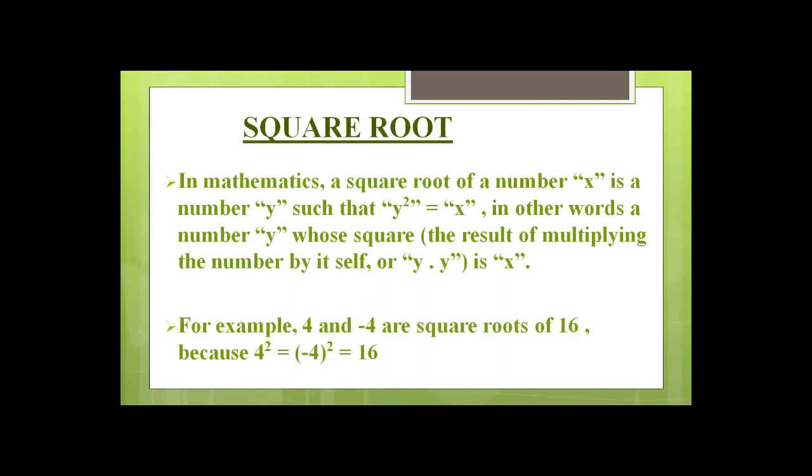For example, plus 4 and minus 4 are the square roots of 16, because when you multiply plus 4 by plus 4 you get plus 16, and when you multiply minus 4 with minus 4, minus minus becomes plus, so you again get plus 16.